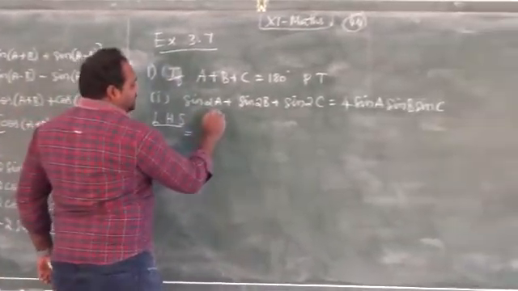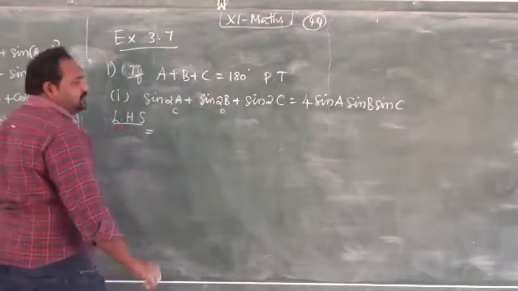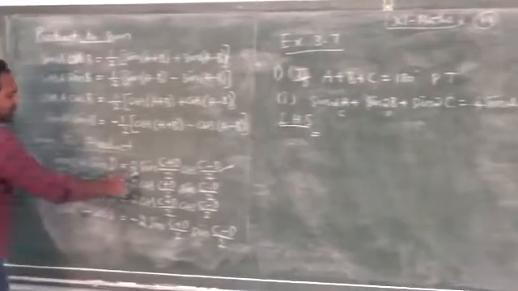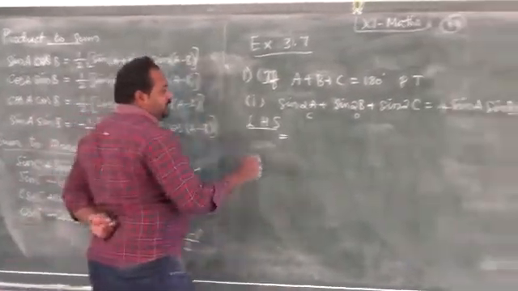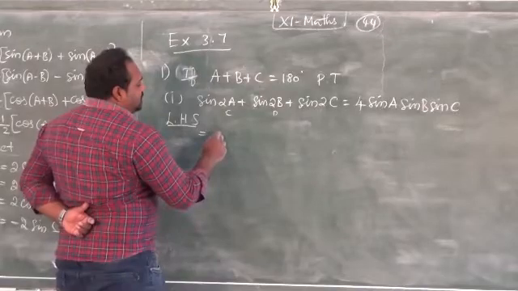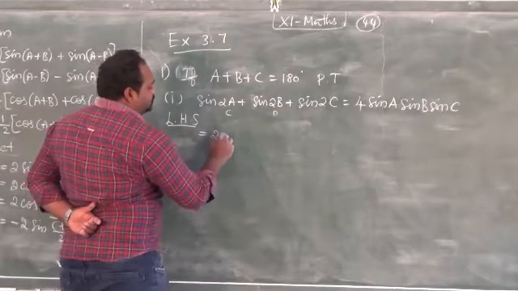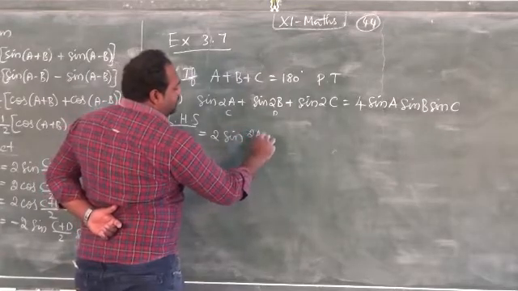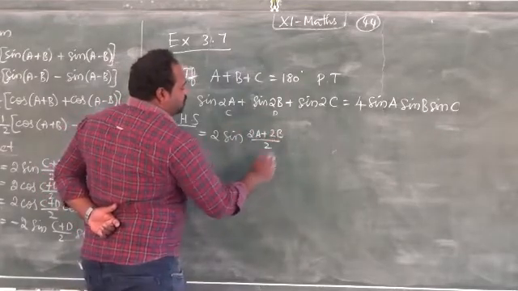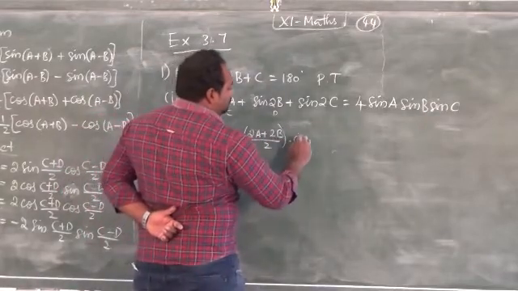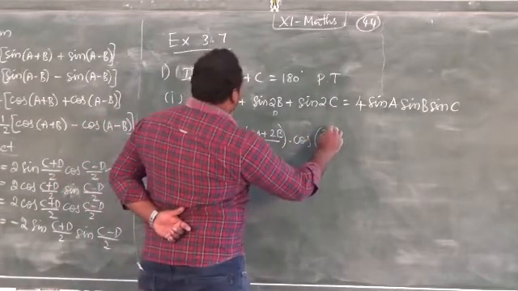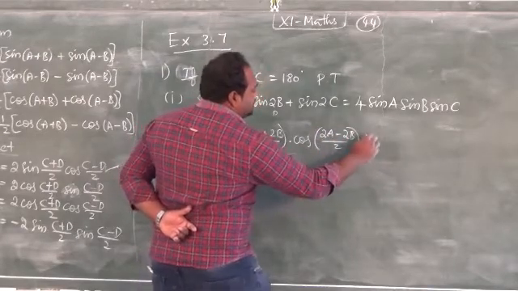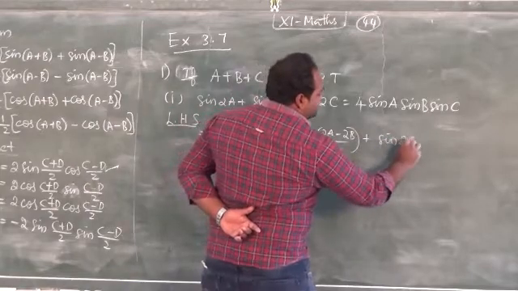Taking 2A as C and 2B as D, using the sin C plus sin D identity, which is 2 sin of (C plus D) by 2 into cos of (C minus D) by 2, we get 2 sin of (2A plus 2B) by 2 into cos of (2A minus 2B) by 2, plus sin 2C, which we can keep as it is.